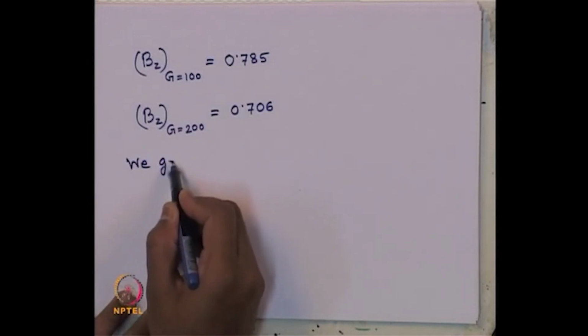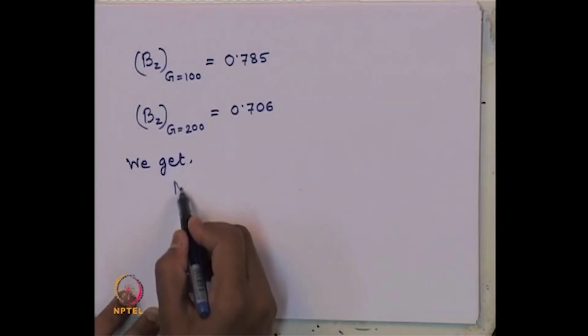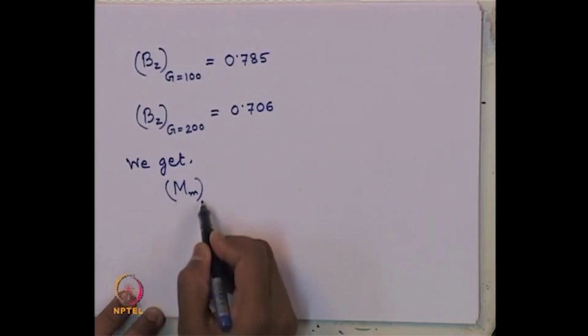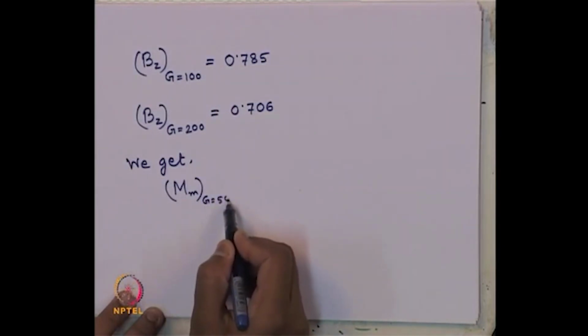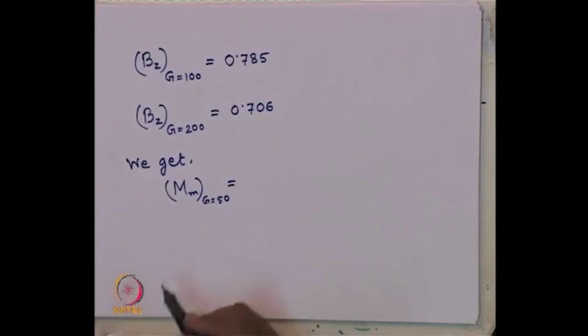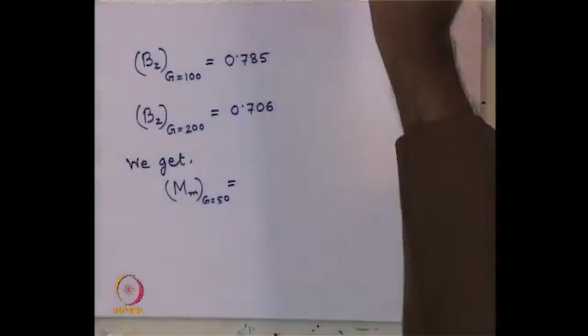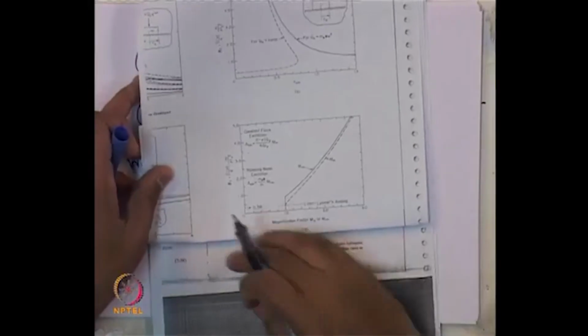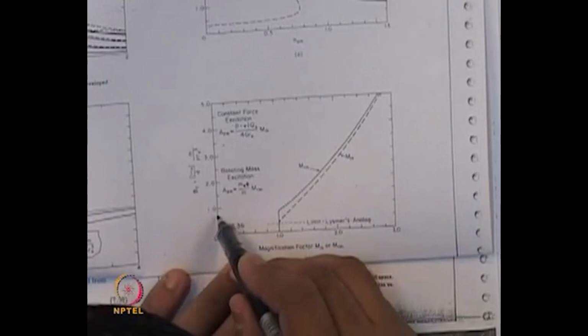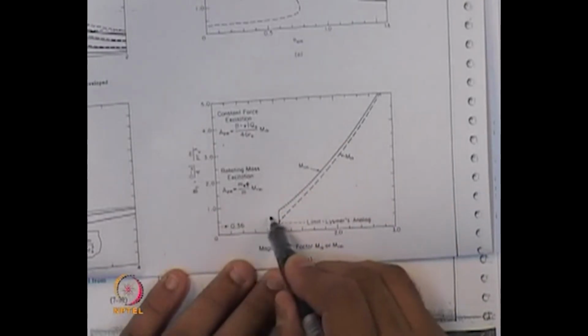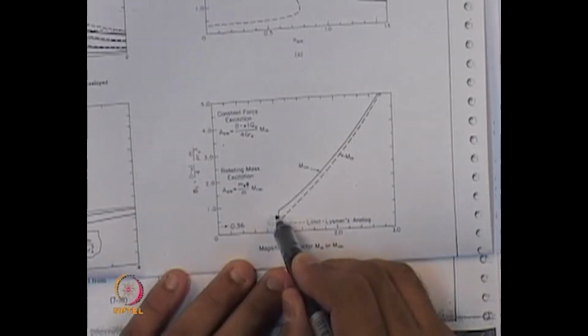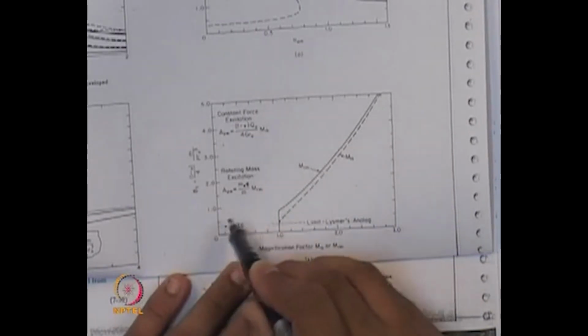what do we get? We get the values of MM for G equals to 50, which I am reading for BZ value of 0.831. So, corresponding to 0.831, if we look here carefully, for 0.831 somewhere here, we bring it to this curve and drop it down, and also for MRM.